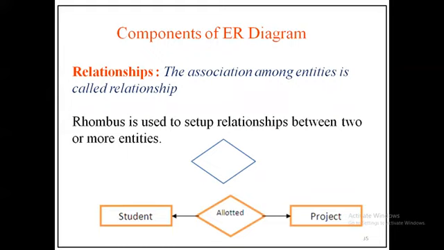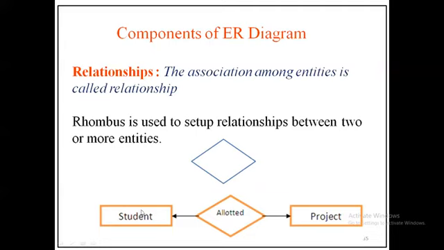The next component of an ER diagram is relationships. The association among entities is called a relationship. Suppose I have a student entity, and project is another entity. What could be the relationship between student and project? Allotted is the relationship. Student, allotted, project.